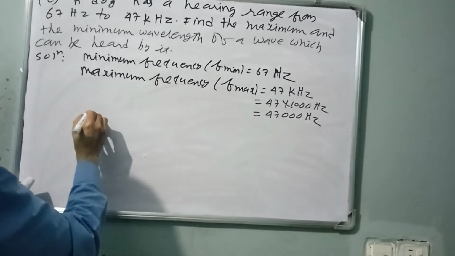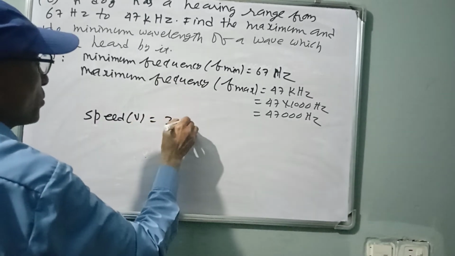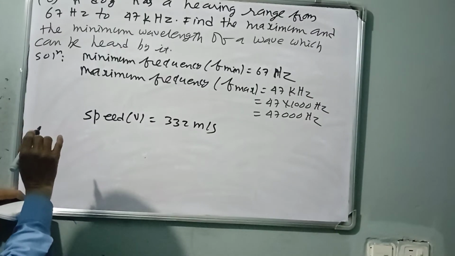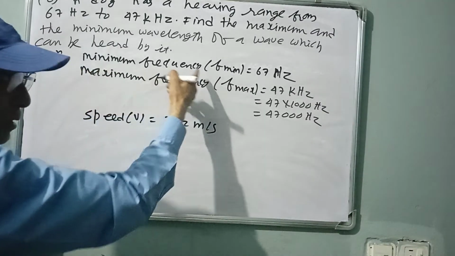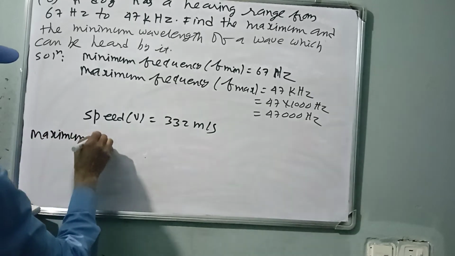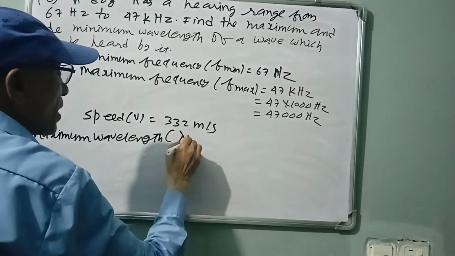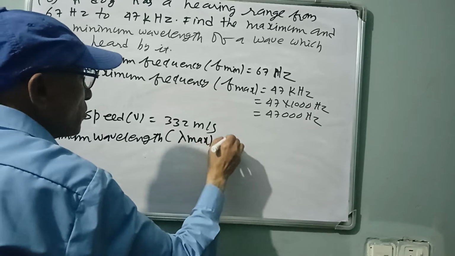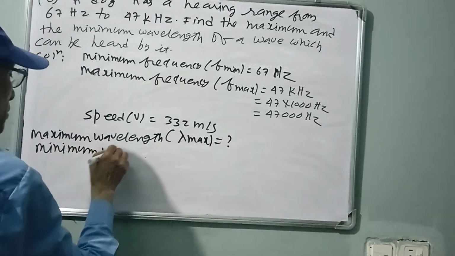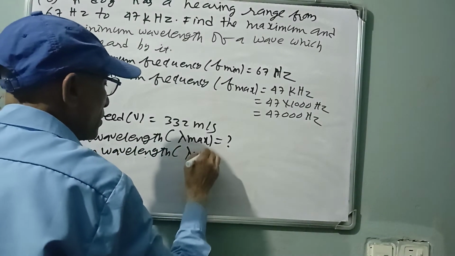And consider speed of sound is 332 meter per second. What is the minimum wavelength and maximum wavelength? Lambda max, lambda min.